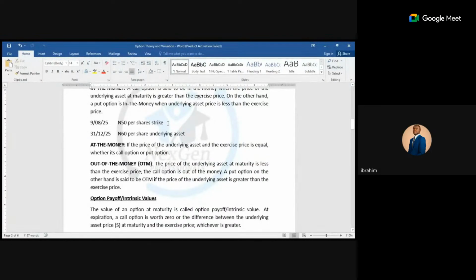Whether you exercise your right or not, you will pay an option premium, just like in the stock market, where you pay your transaction cost when you want to buy or sell shares. The same thing is applicable in the option market. You will still pay an option what? Premium.